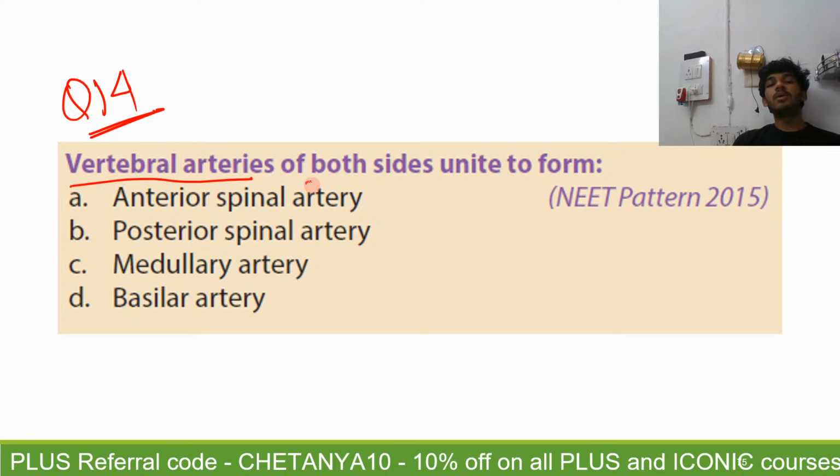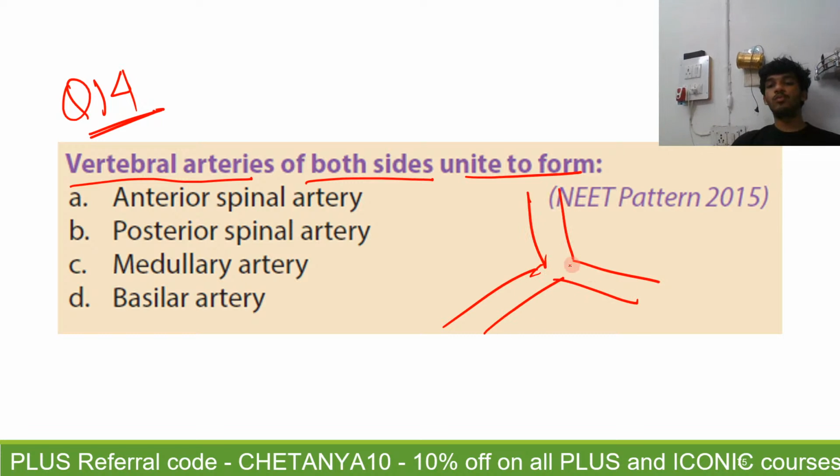Question number 14. Vertebral arteries of both sides, they unite to form what? Again, question 14 is an easy question. Both side vertebral arteries they unite. Also unite here. That's not uniting per se because they give a branch.